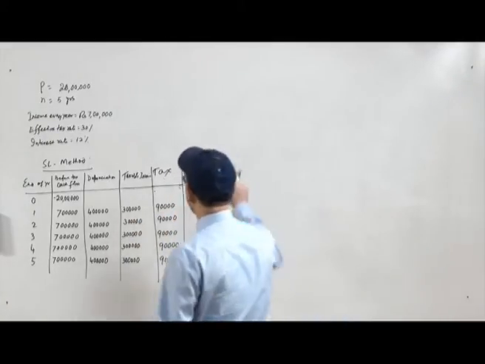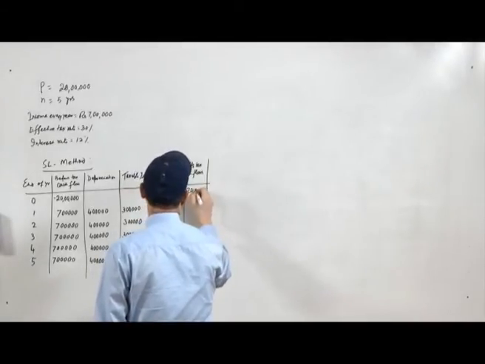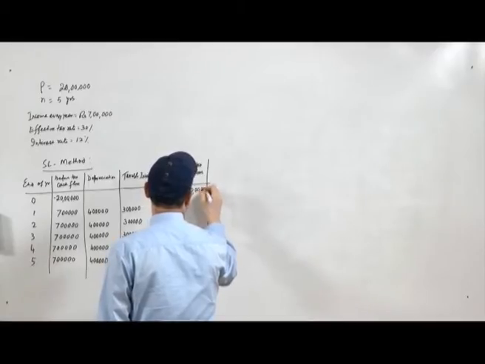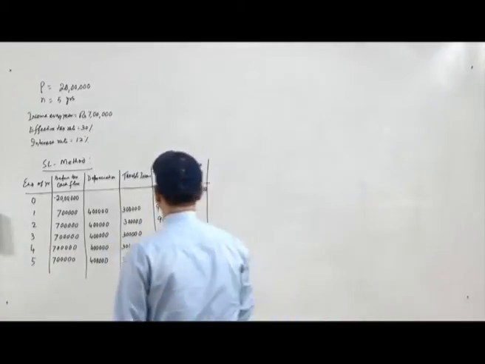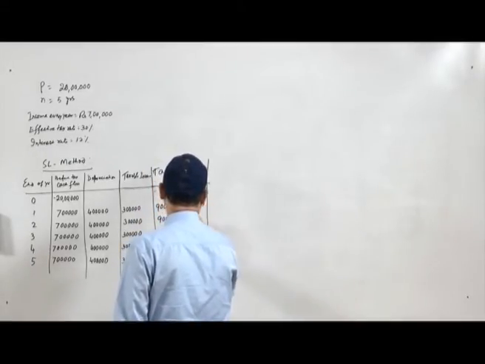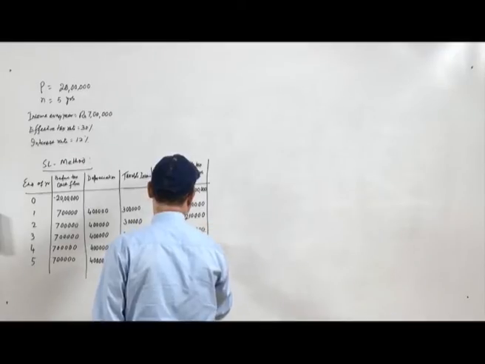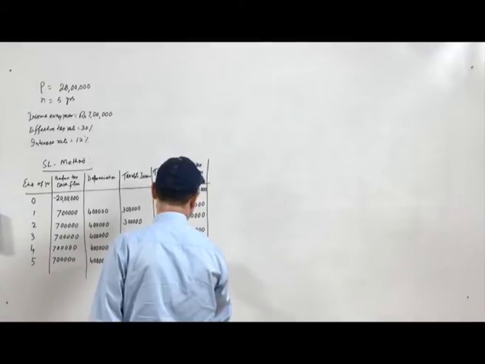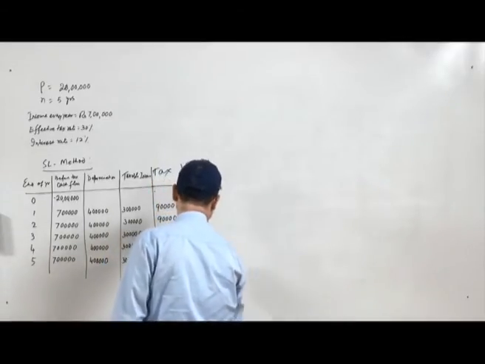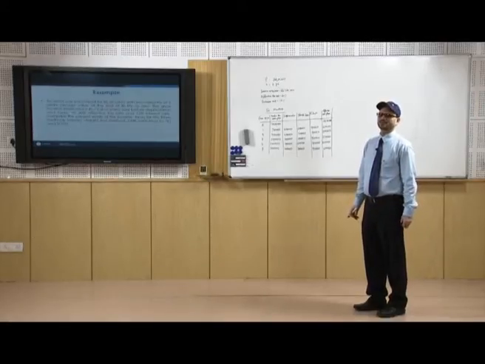So after tax cash flows come out to be minus 20 lakh, and then the income.